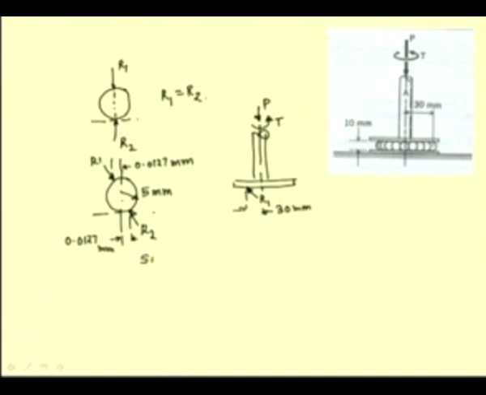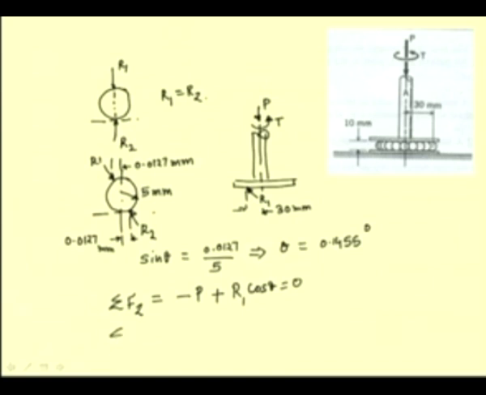We have sin theta as the rolling resistance divided by the radius of the balls, from which we can find theta as 0.1455 degrees. When we write the force summation equation for this shaft, we have the sum of the vertical forces as minus P plus R1 cos theta equal to 0, and when we sum the moments, it is T minus R1 sin theta times 30 equal to 0.